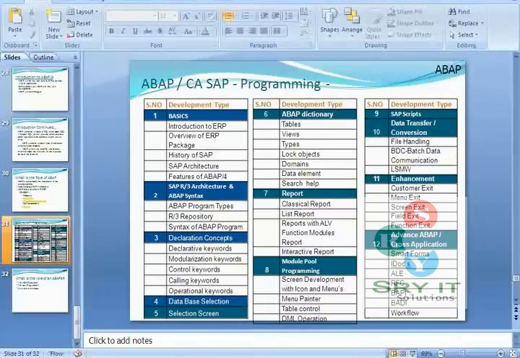So CRM, let me check. In CRM, there are a few. Are you working in the CRM customer service side? Yes, we have sales, service, marketing, and interaction center, all 4 modules. We have an interaction center where we have 150 people working in the contact center. We have a sales team separately, and we have a service team.